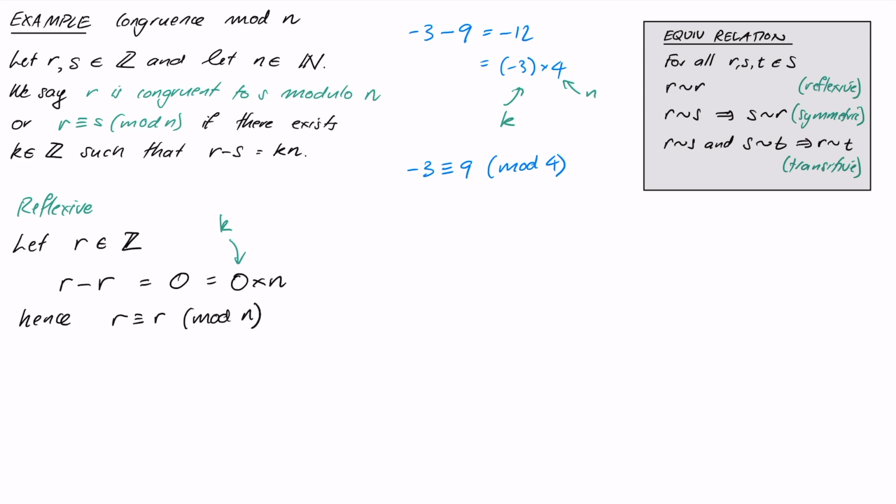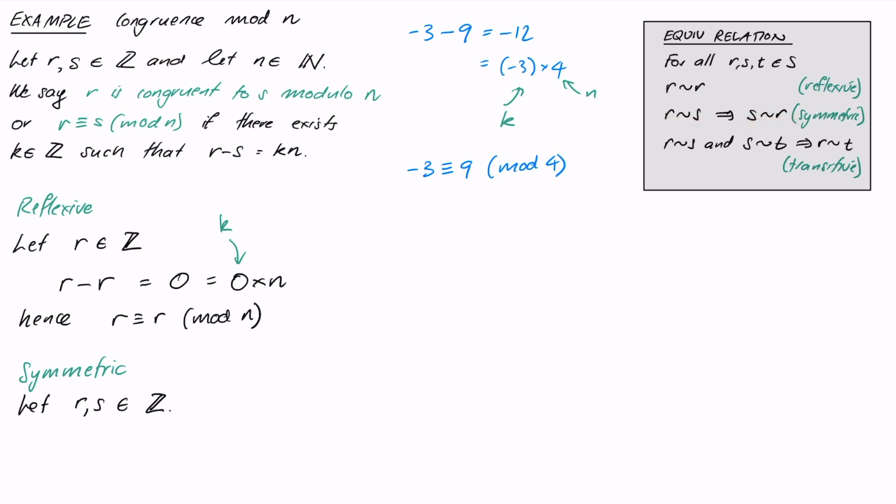The next thing we have to show is the symmetric property. So let's just write that down. Symmetric, this time we're going to take two integers. So this time we're going to say let r and s be integers. And the symmetric property says that if this is true, it follows that this is true.